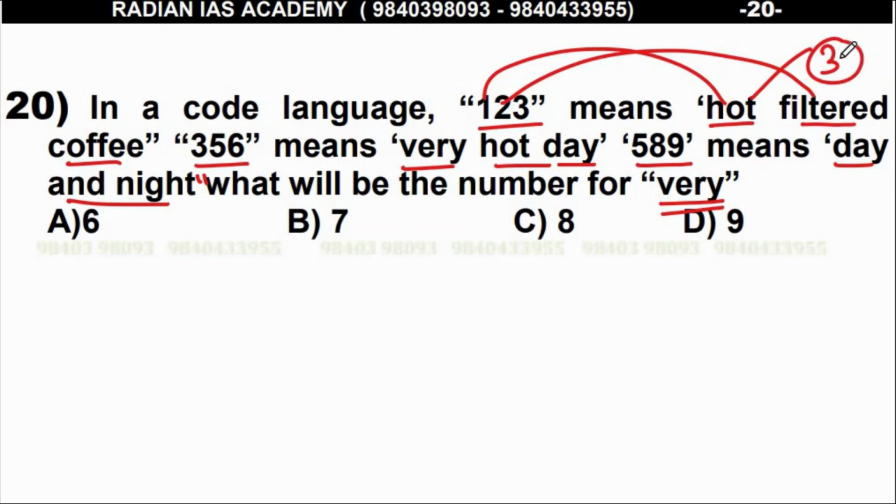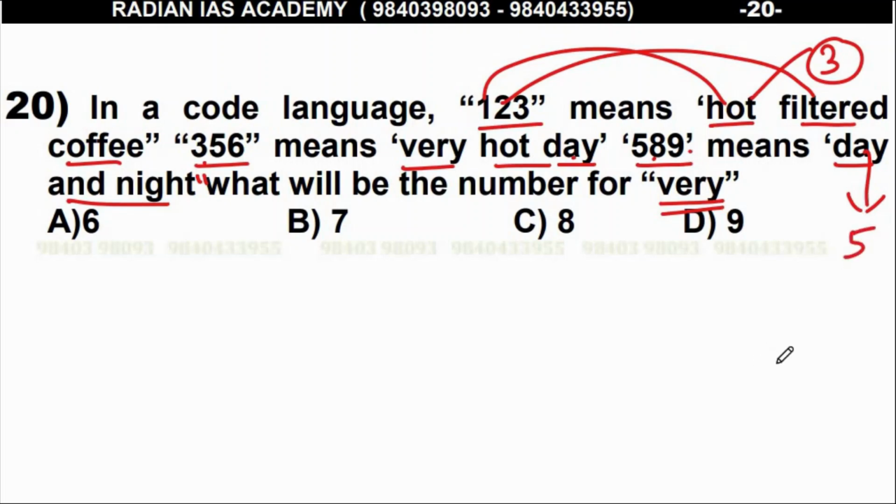Similarly, find very. Day is common to 356 and 589, so day stands for 5.